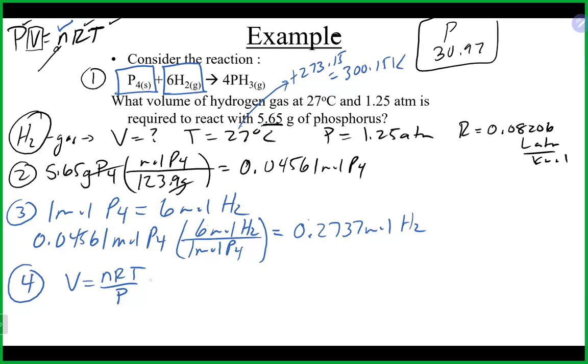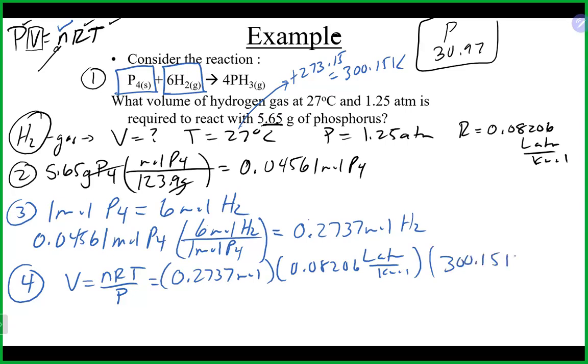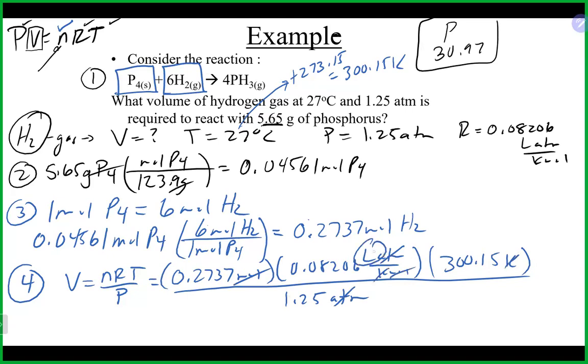Popping these numbers in will get us 0.2737 moles times 0.08206 liters atmosphere per Kelvin mole, and our 300.15 Kelvin, all divided by the pressure in this case, which is 1.25 atmospheres. Atmospheres again will cancel, moles will cancel, Kelvin will cancel. And again, here when we solve for our volume, it will be in units of liters.